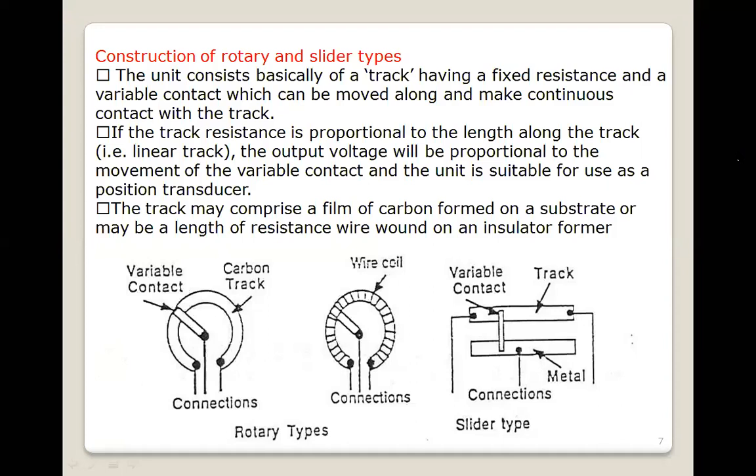In this way you can measure the change in length, because the position of the variable contact is based on the displacement of the wire. That means if the variable contact changes, the length from point A to the contact position changes, and accordingly the resistance will change, and finally the output voltage changes.